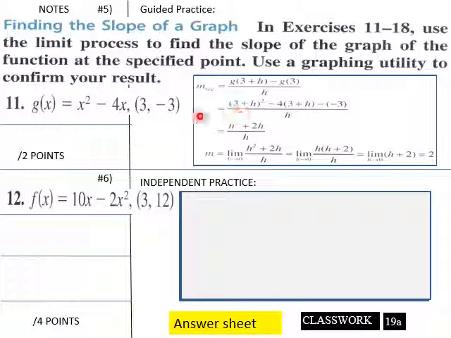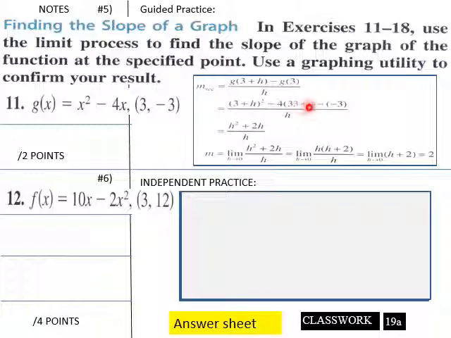We expand it out because we have x squared minus 4x, and then minus a -3. That's our g of 3, all over h.